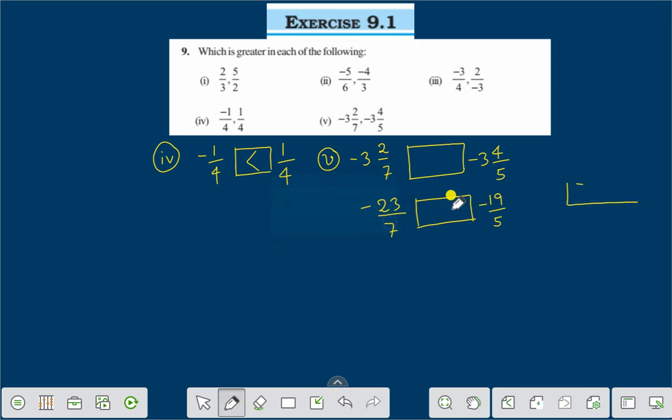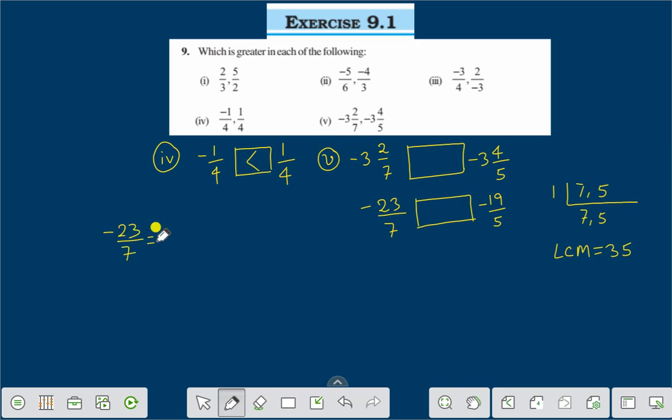The numbers are 7 and 5. Dividing, you get 7 and 5, so the LCM is 5 into 7, that comes to 35. Now we'll solve this problem, minus 23 by 7.